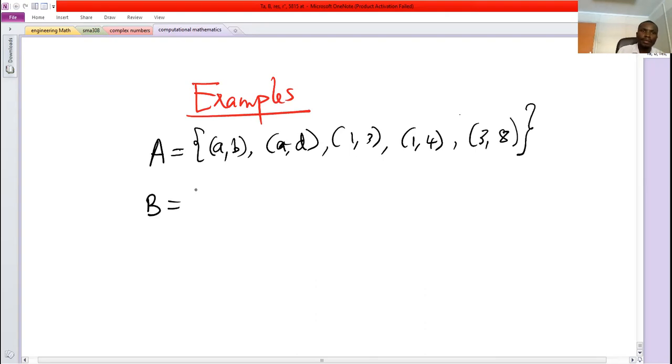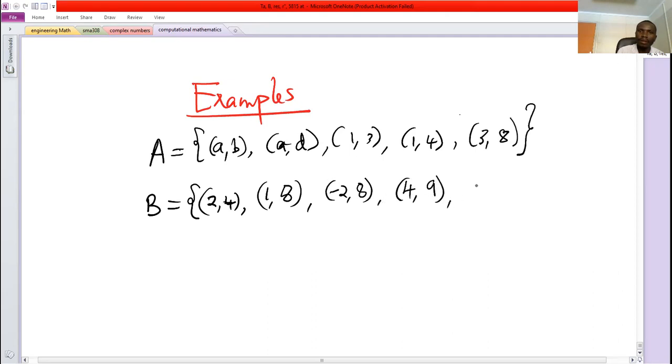B, if I have the set (2, 4), (1, 8), (-2, 8), (4, 9), (1, 100), this is another example of a relation.